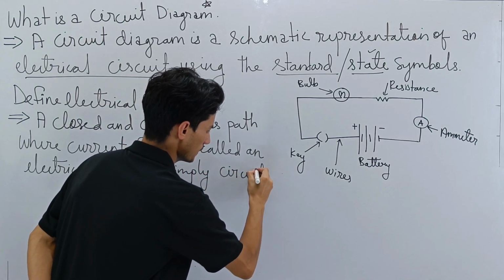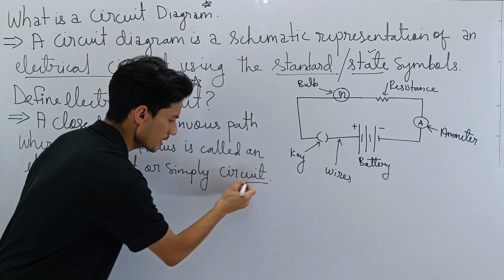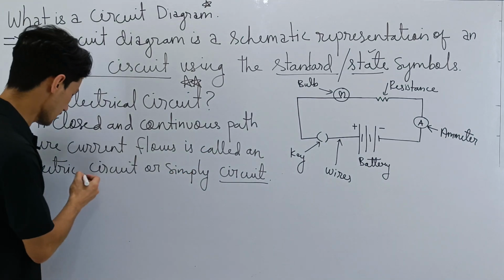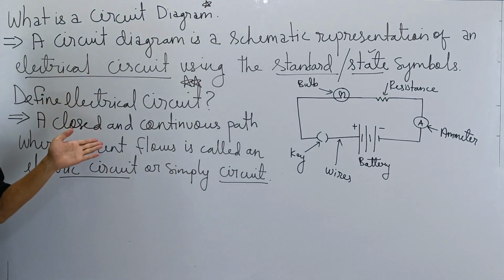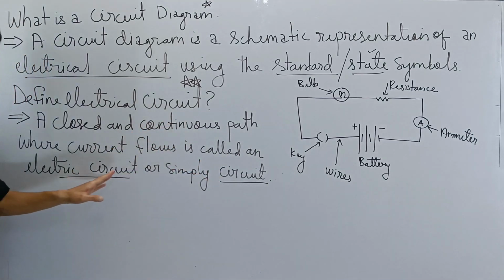So remember, if the question is define a circuit, just a circuit, then also the answer will be the same. If the question is electric circuit, then this is the answer: a closed and continuous path where current flows is called an electric circuit.